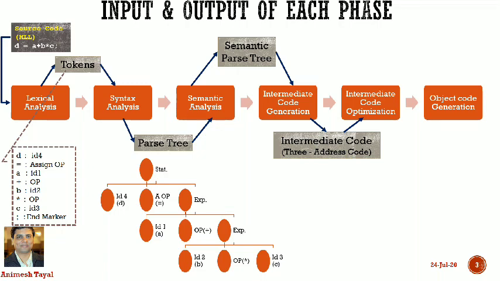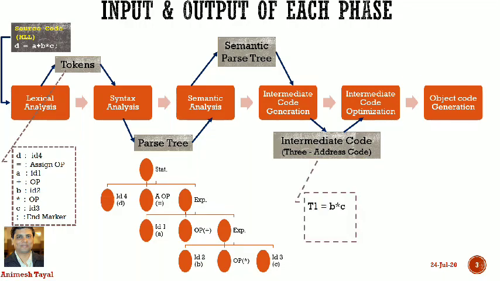You can see how many operations in the statement are performed. The first operation is star, the second operation is addition, and the third one is assignment. So according to the operation sequence, intermediate code will convert it into three address code.